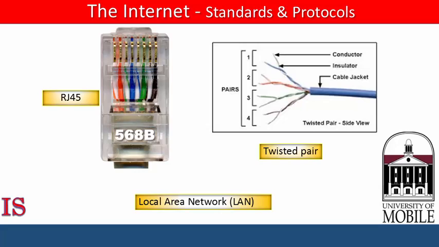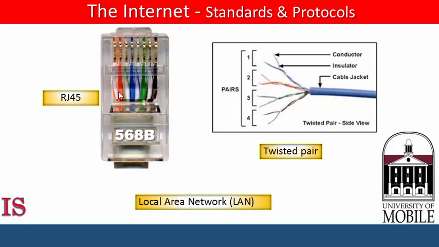This is a connector used on a twisted pair cable like the one you see here. That is the most common form of medium used on a local computer network called a local area network, or LAN. That 568B that you see on that RJ45, that's a standard for how those 8 wires are connected to the pins of this connector.